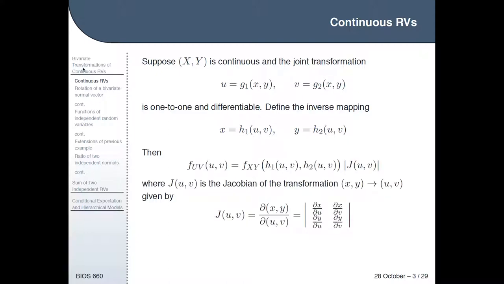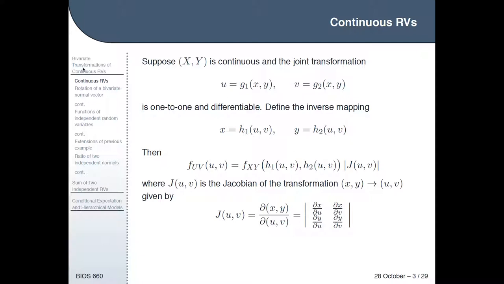But given that it's one-to-one and differentiable, if you want to find the joint density function of U and V, you can find it by taking the density of X and Y, substituting in these inverse mappings, and multiplying by the Jacobian.